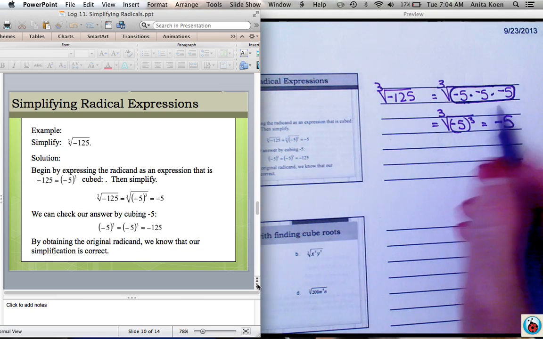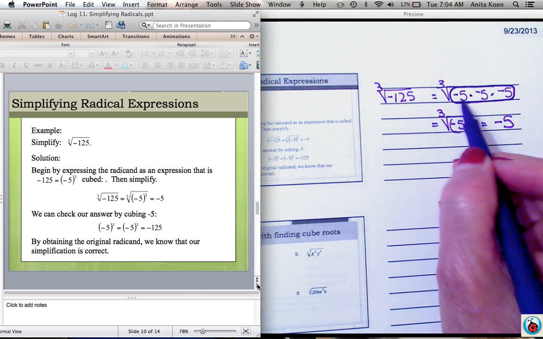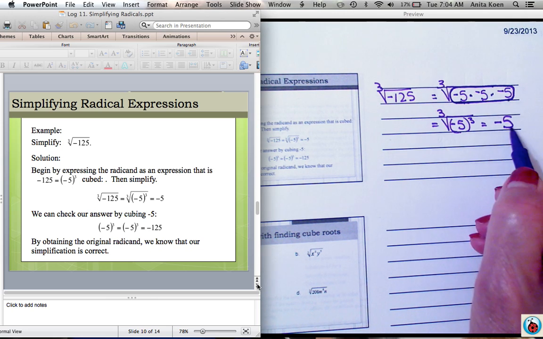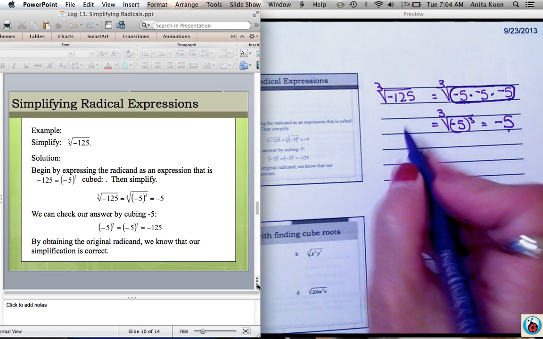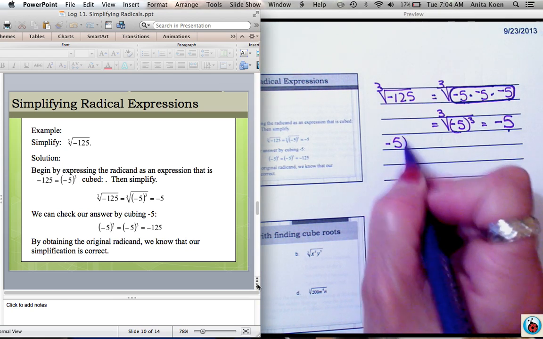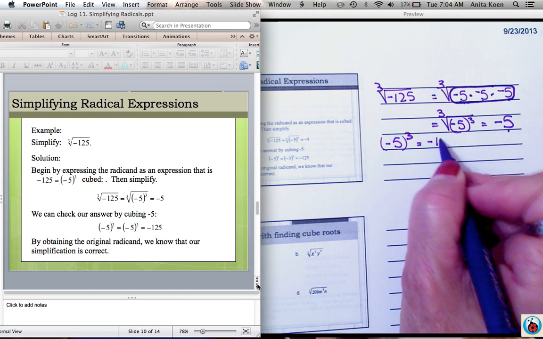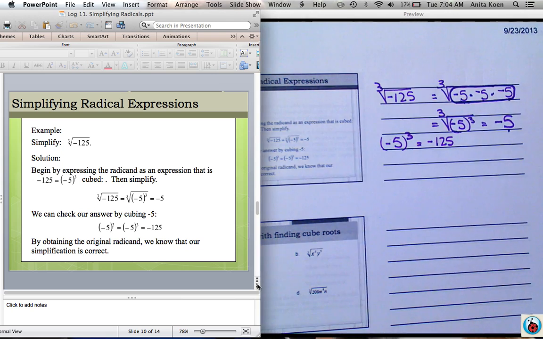So the cube root of negative 125, because it's one group of 3 negative 5s, gets to come out as a negative 5. We can check our answer by doing negative 5 raised to the third power, and that would give me negative 125.